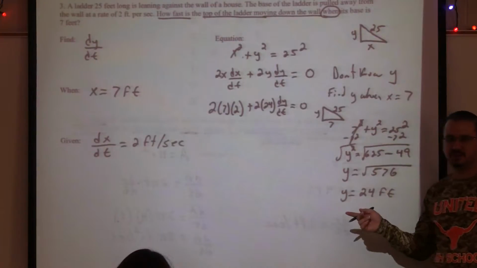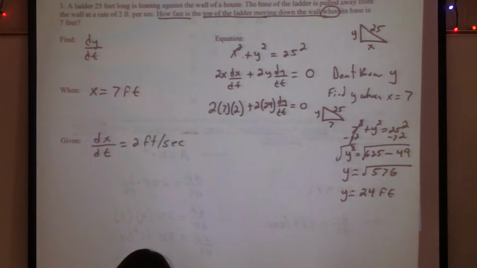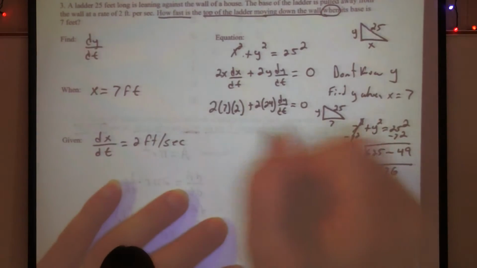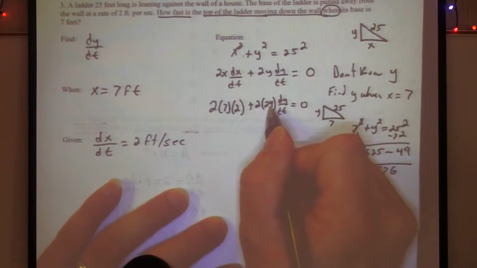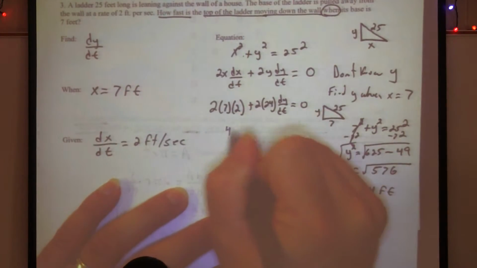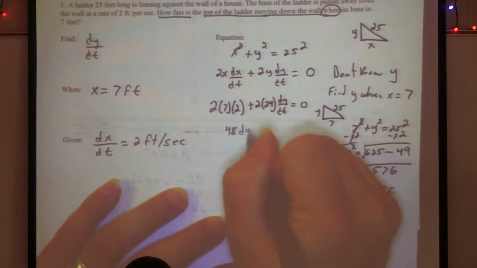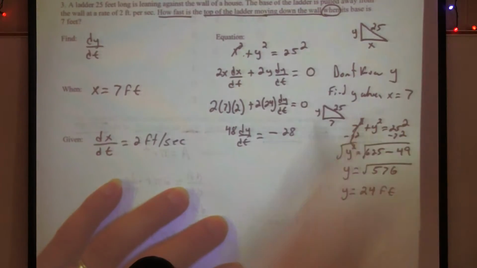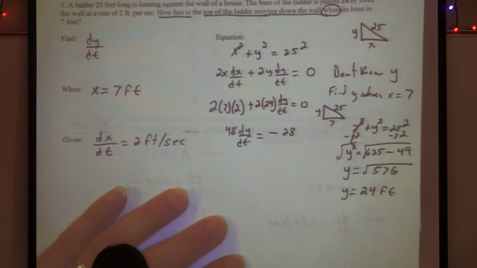7 times 2 is 14, times 2 is 28, and we got to move that 28 over, right? 2 times 24? So we got 48 dy/dt equals negative 28. Divide by the 48.